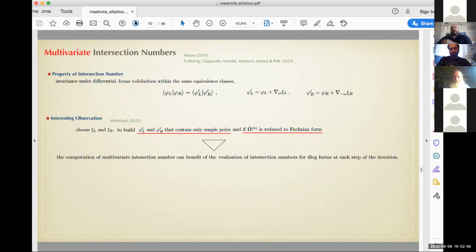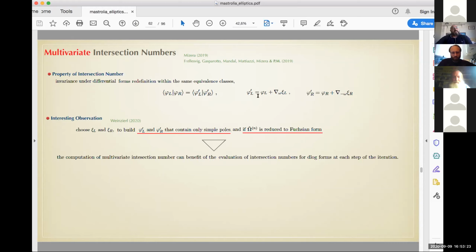The intersection numbers that we proposed indeed obey an important property. Essentially, the intersection number is invariant for forms within the same cohomology class, which is a property that, for instance, is not valid for the simplified intersection number of the log form.